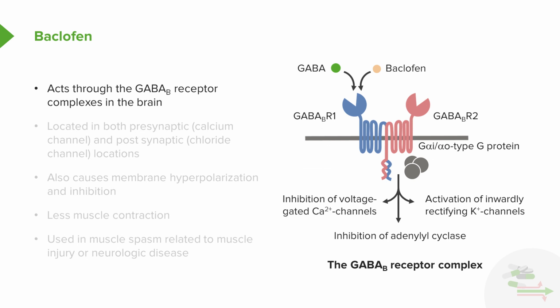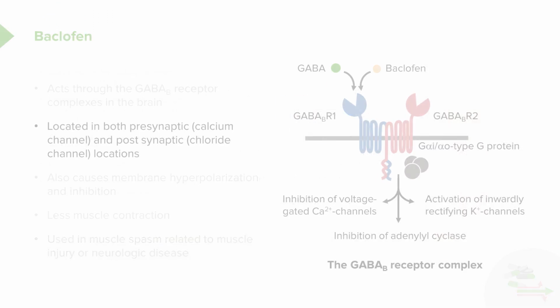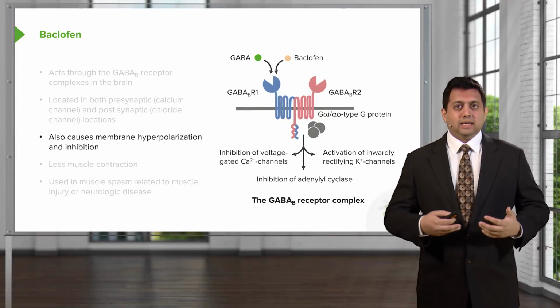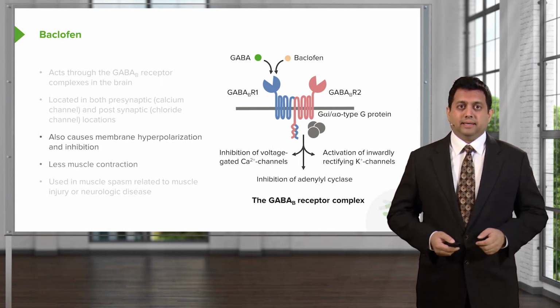Now, the GABA B receptor complex in this particular instance is located both in presynaptic terminals and postsynaptic nerves. So in presynaptic nerves, we're talking about calcium channel activity, and in postsynaptic nerves, we're talking about chloride channel activity. This also causes membrane hyperpolarization and inhibition, just like GABA A.